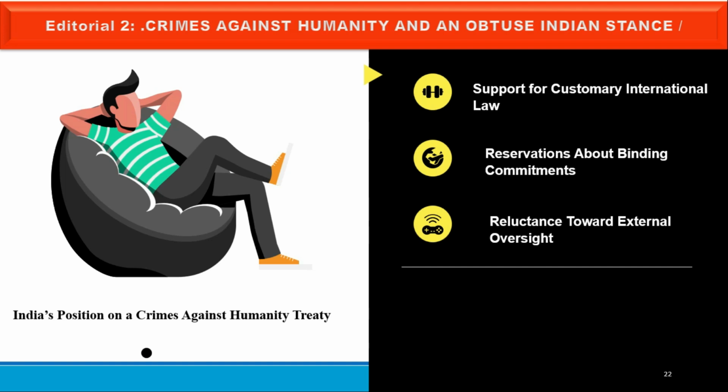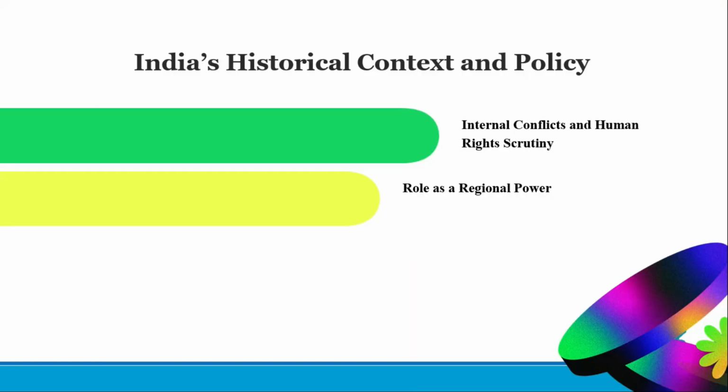Finally, there is a reluctance towards external oversight. India's broader foreign policy emphasizes non-interference in internal affairs, which extends to international mechanisms capable of investigating and prosecuting crimes within its borders.